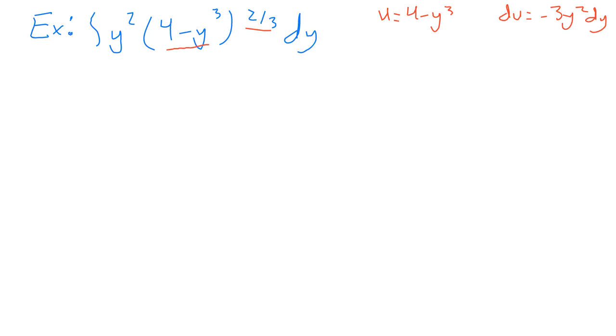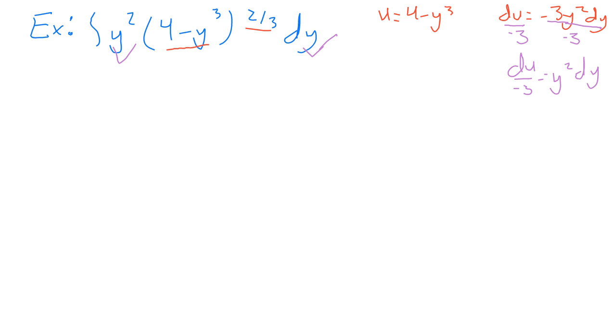If we look in here, we have a dy and a y squared, and we have a dy and a y squared. So what we have to do to get this back to our form is divide both sides by negative 3 to get du over negative 3 is equal to y squared dy.